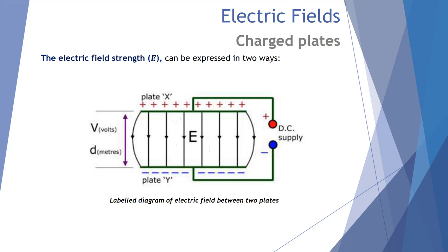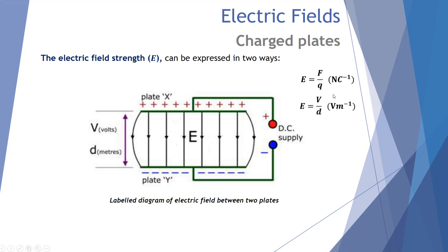The electric field strength, which we give the value E, can be expressed in two ways when we're looking at uniform electric fields. The first is the traditional one that we used in the non-uniform or point source electric field, whereby we consider a test charge and look at the force that is applied on that test charge. So the unit for that particular form of measurement of electric field is newtons per coulomb.